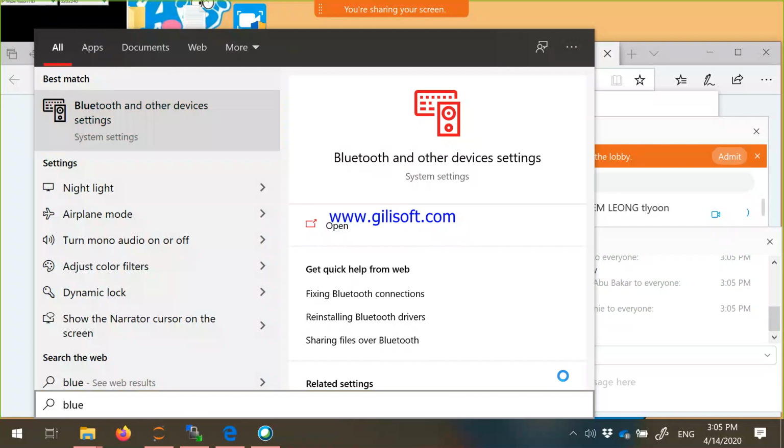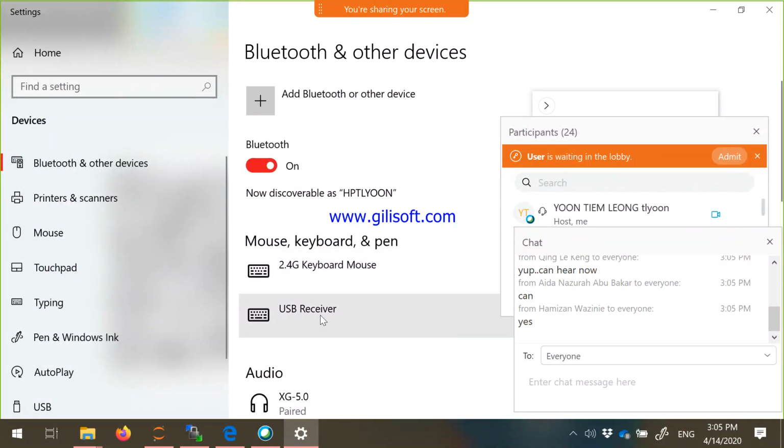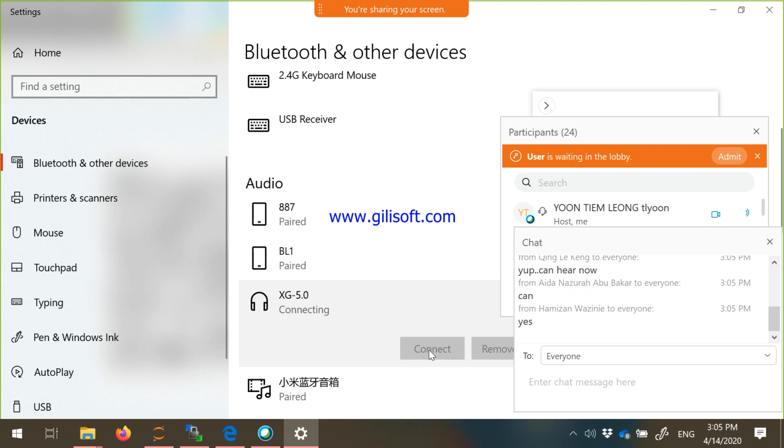Okay, I have to switch on my Bluetooth. Okay, now everyone can hear me.